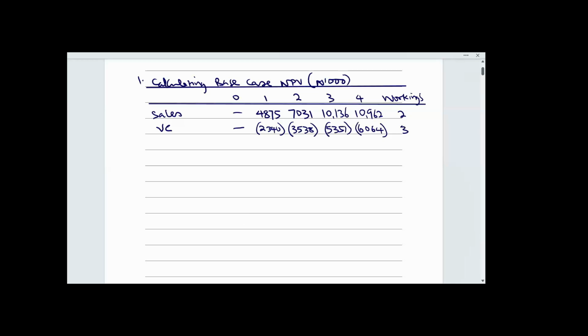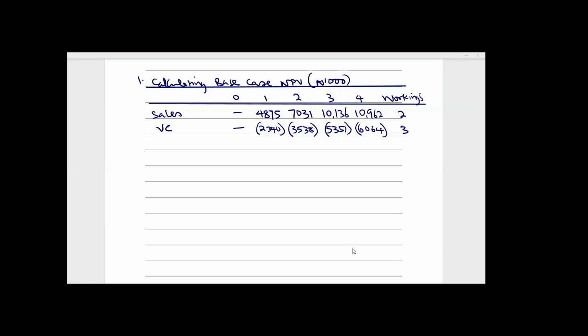I will then go back to the question in case I have any relevant fixed costs. Next to variable costs, we are told that in the first year, the fixed overhead cost will be 3,750,000, of which 60% are centrally allocated overheads. The fixed overhead will increase by 5% per year after the first year. Central allocation is from head office charges.